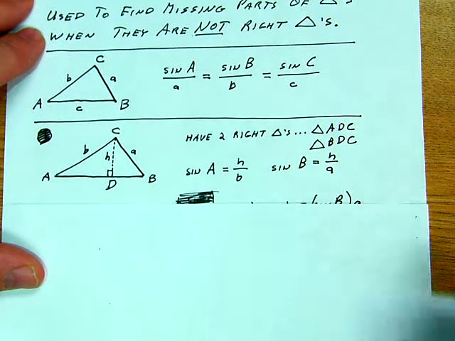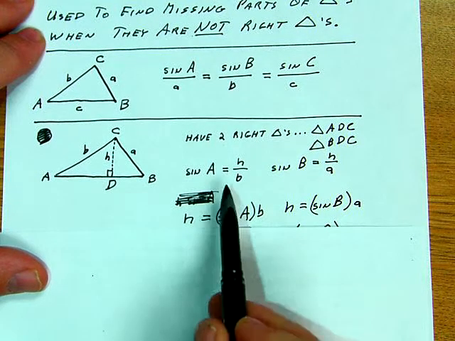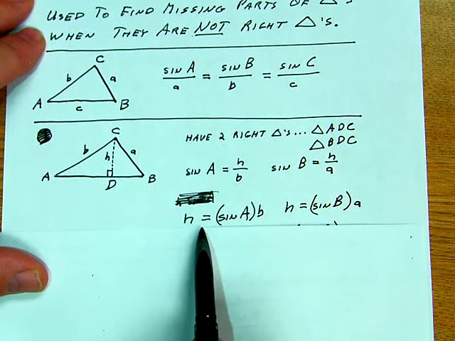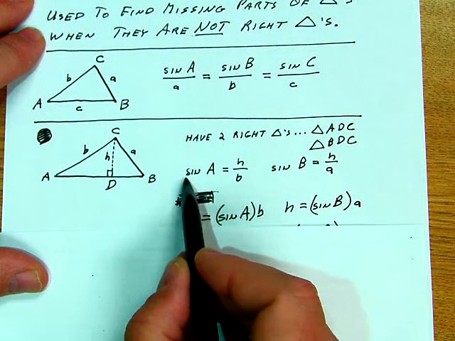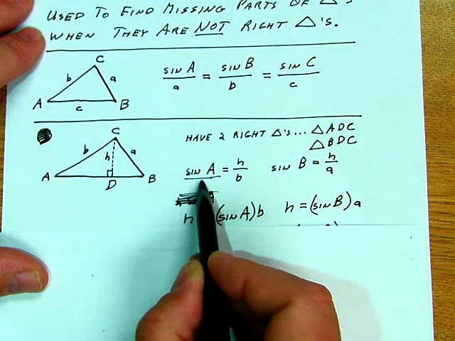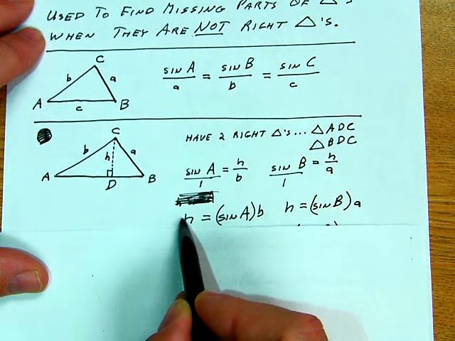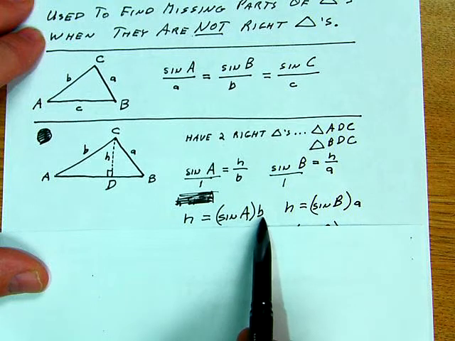So now I'm going to cross multiply each of those. h times 1, sorry, this is really a 1 and a 1, so h times 1 is h when I cross multiply, and the sine of A times b.